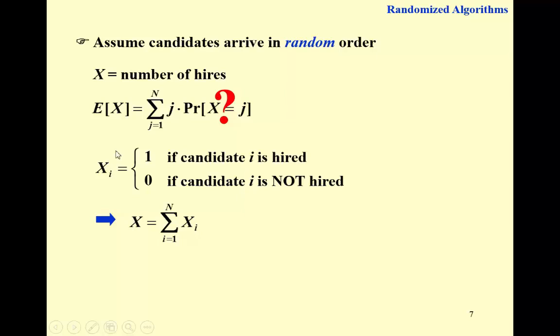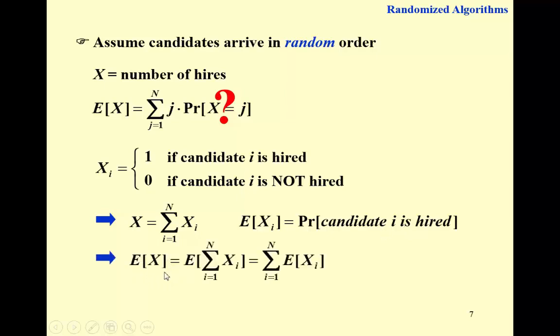So it's simpler to check the expectation value of each x sub I because it's either 0 or 1. So by definition, E of x sub I is simply 1 times the probability of candidate I being hired. That is the probability of x sub I being 1, right? And therefore we have that E of x is just E of this sum, which is the sum of the expectation of each variable x sub I.